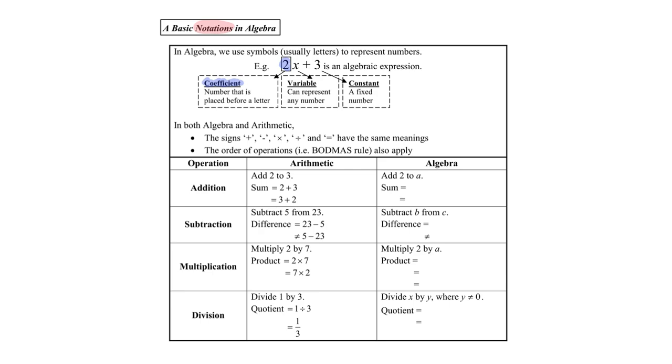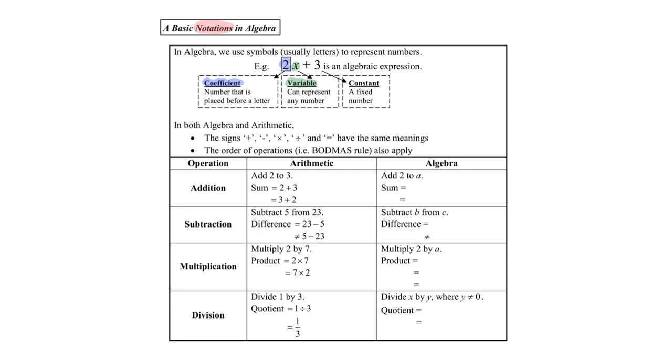And letters, not only x but other letters, which can represent any number, we call the variable. It comes from the word vary, that means the value of this letter varies.